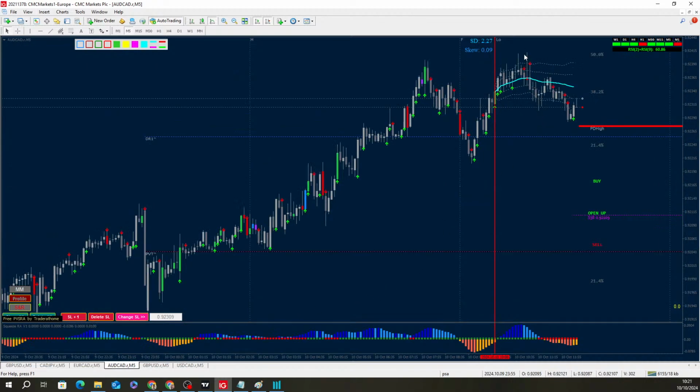Okay, now we have a down structure on the Aussie card. Actually, this one did not give us a pullback here, so this is not a structure, this is just one swing down. You can see there's no green candle in between. During this pullback here, there's no green candle there, there's no green arrow there. So this is still technically our bullish structure.